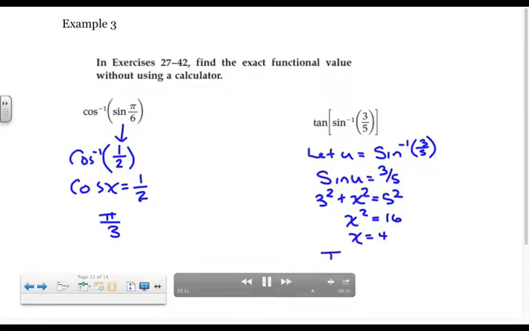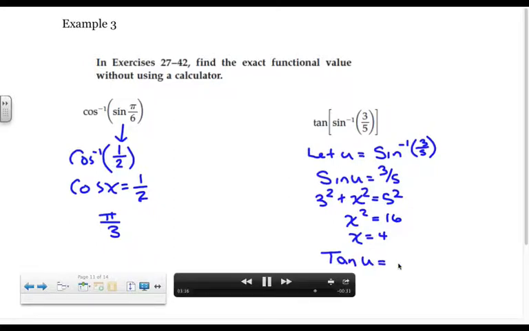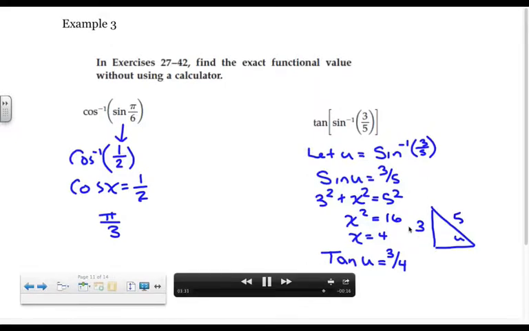So then the tangent of u is going to equal 3/4, because 3 is the opposite, and 4 is the adjacent.